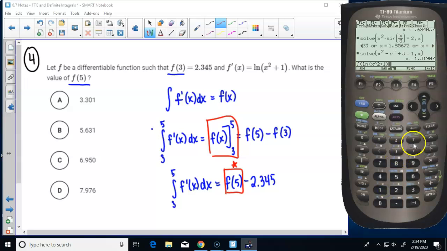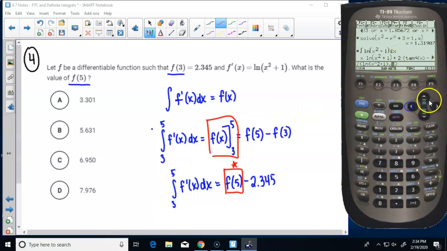And then, like the derivatives, you have to put comma x. And because we want to do a definite integral, I could just do this. I don't know if it'll do it or not. Let me just see. Yeah, it will actually give us the equation for the integral if we want. Sometimes it can't do that. But we don't really want to know that equation. What we want to know is that definite integral from 3 to 5. We want this to be a number.